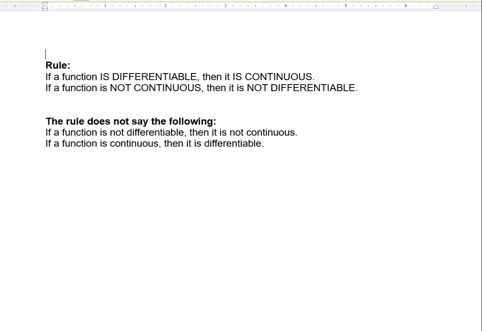If it is differentiable, it is continuous. If it's not continuous, it's not differentiable. Please notice what this thing is not saying. It's not saying if it's not differentiable, it's not continuous. It's not saying if it is continuous, then it's differentiable. Make sure you understand the difference in what it is saying and what it isn't.